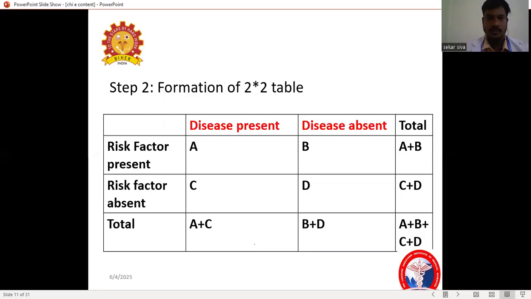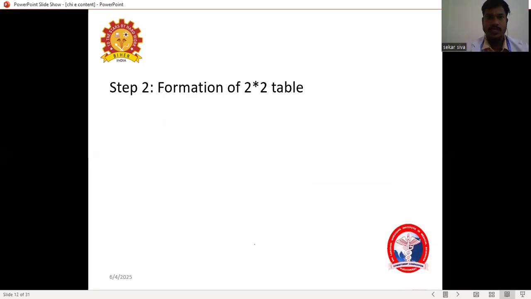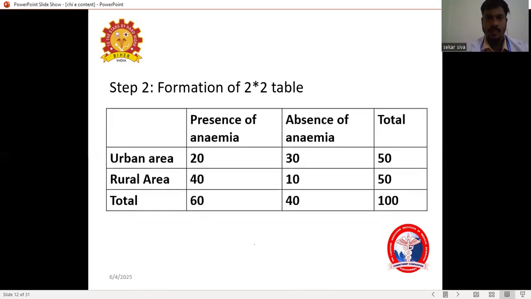Already we saw the formation of a two by two table here. We already discussed the scenario. Overall, 100 people were surveyed. In that 100, 50 belong to urban, 50 belong to rural.